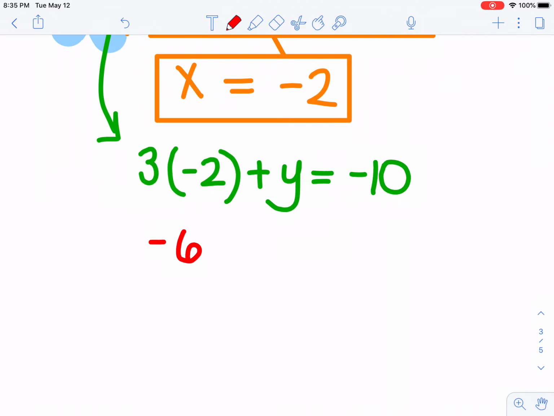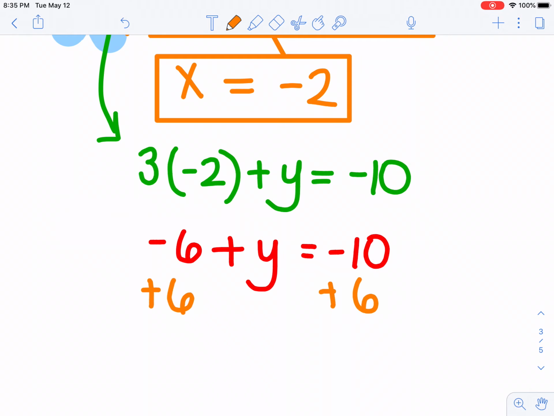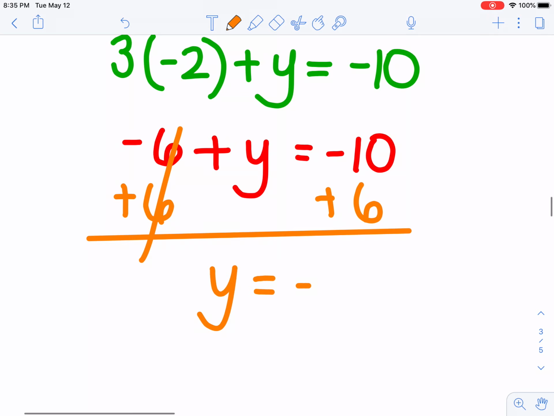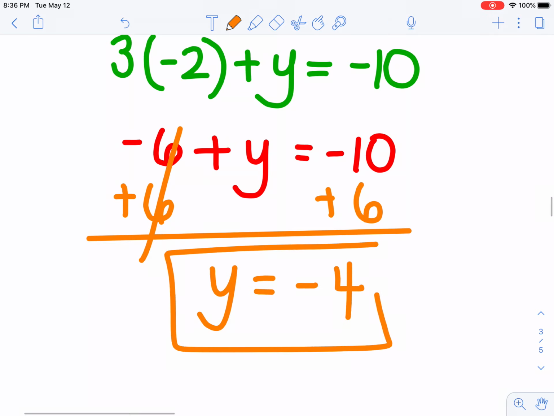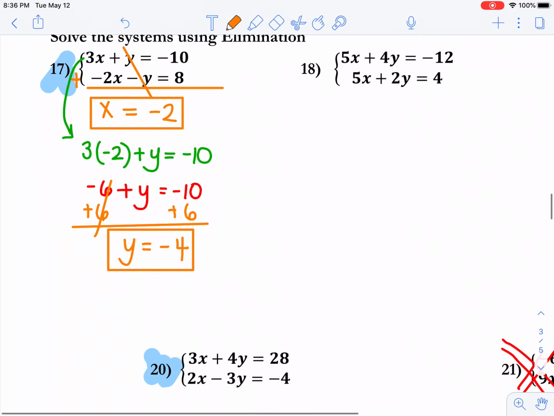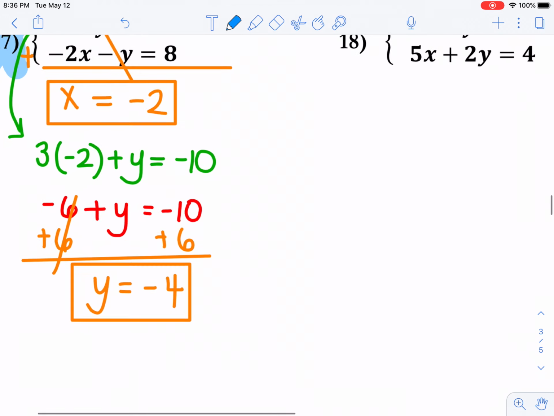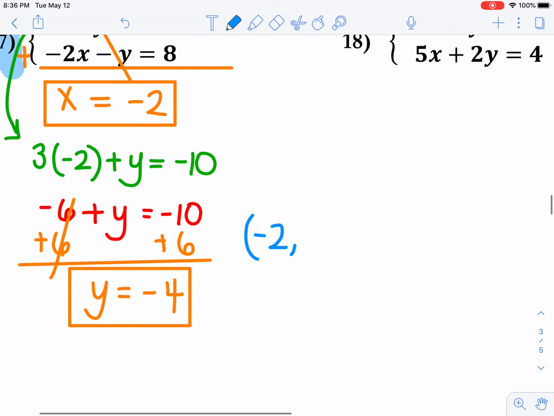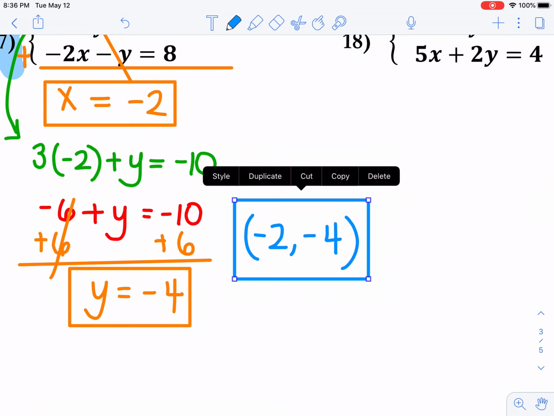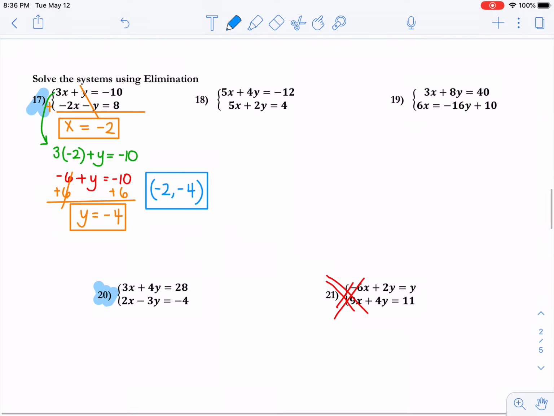Okay, so negative 6 plus y equals negative 10, and then add the 6 over, and I get y equals negative 4, and I'm done. So this solution, final answer, is (-2, -4). Bada bing, bada boom. Let's do a harder one.